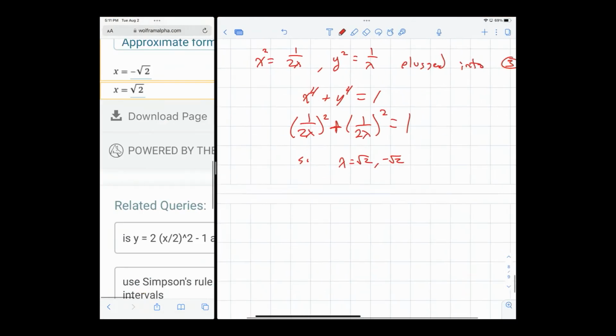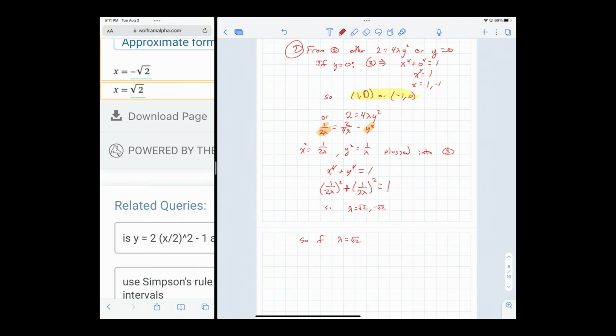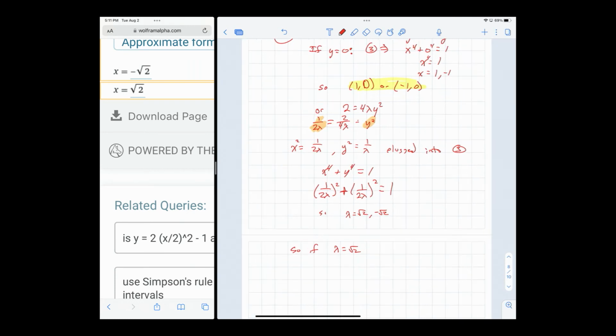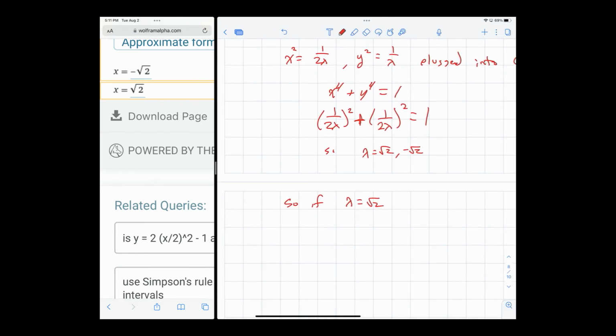Now you're like, okay, so what? But what's that mean for the x and for the y? So if lambda is square root 2, then you have to go up and plug it into the equation for x and for y. So x squared is 1 over 2 lambda, and also y squared is 1 over 2 lambda.